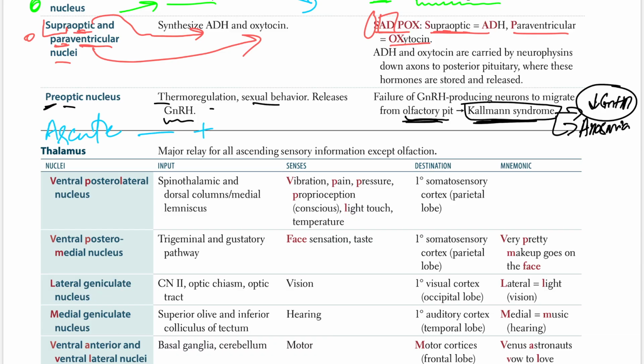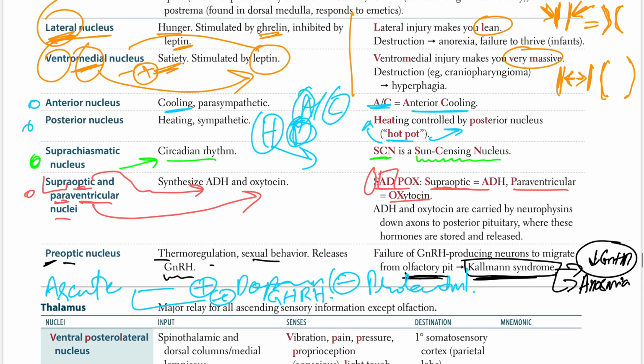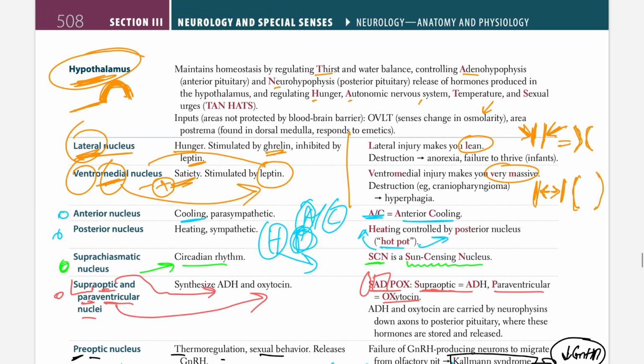The arcuate nucleus secretes dopamine, and you know that dopamine inhibits prolactin secretion, and it also secretes GHRH, growth hormone releasing hormone. That's what we have for the arcuate nucleus. So let's just quickly review this and move on to the next.